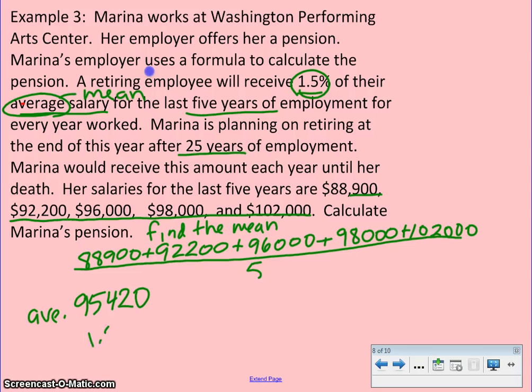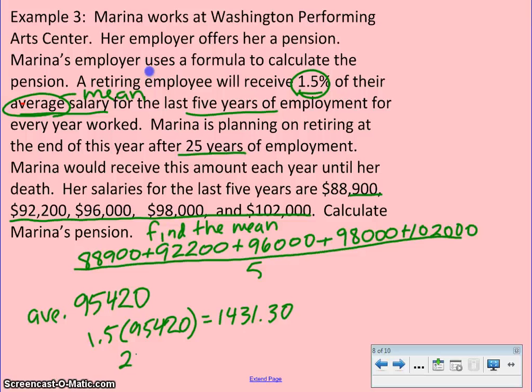Our next step is we need to find what 1.5% of that is. So 1.5 times the 95,420 gives me a value of $1,431.30. Now it says that she gets that amount multiplied by her number of years employment, and she gets that every year until her death.